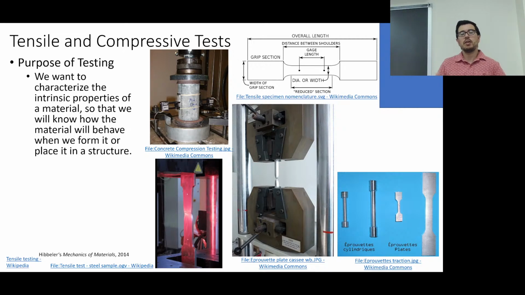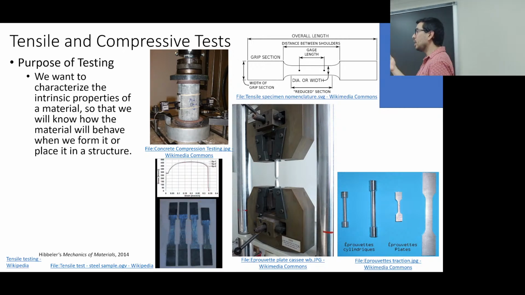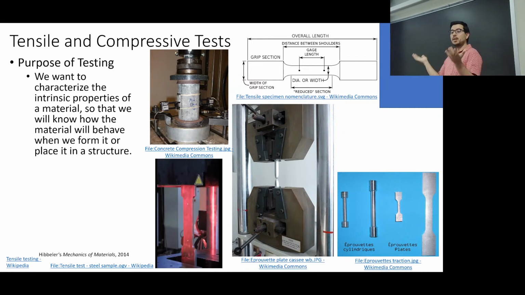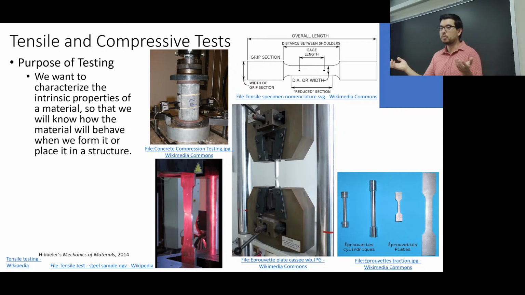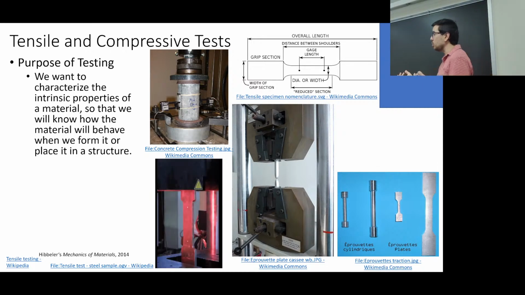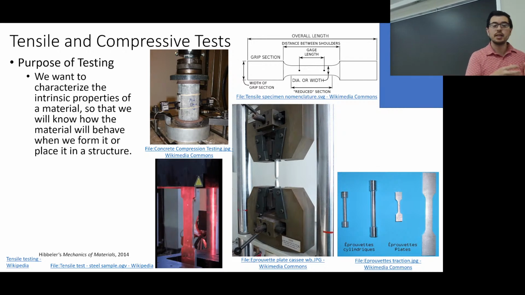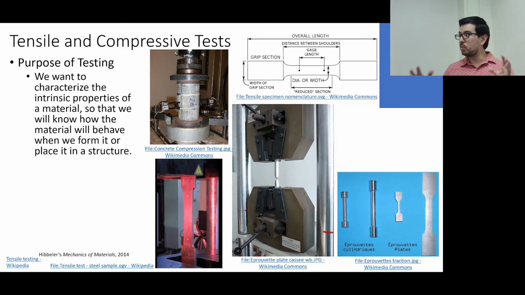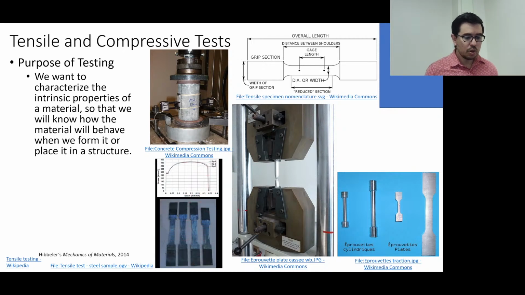Remember we've talked about this principle of stress, so that we don't have to build the Eiffel Tower every time and crush it. We can take a piece of the Eiffel Tower, which is probably a bad idea too, but you can take a chunk of the material that would be going into your structure and test it, and then have an idea of how it will respond once you give it dimensions. And vice versa.